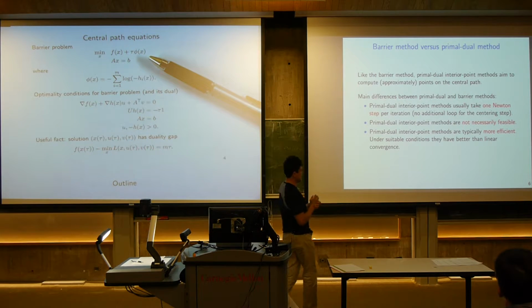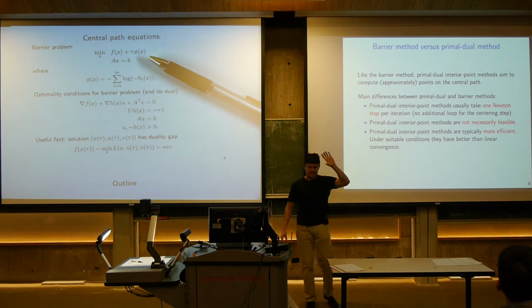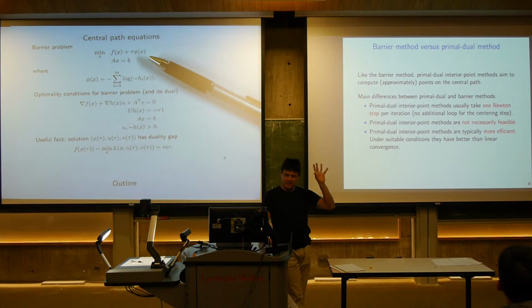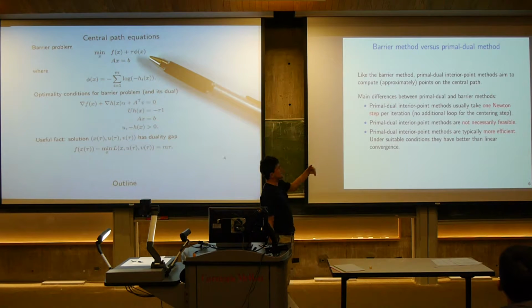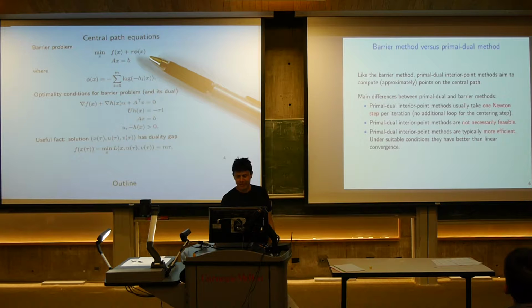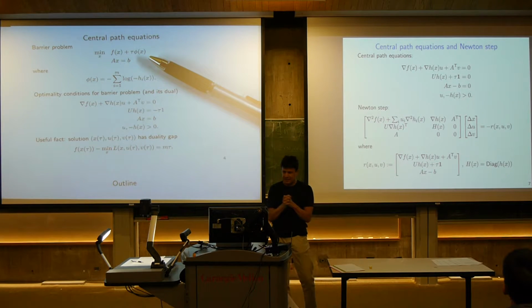Something that we are not going to see in full detail because it gets a little bit too technical, but essentially you have some nice theory that ensures that if you have a nice problem with Slater condition and the necessary regularity conditions, then the primal-dual interior-point method achieves a little bit better than linear rate of convergence. So let me go ahead and describe the primal-dual algorithm.